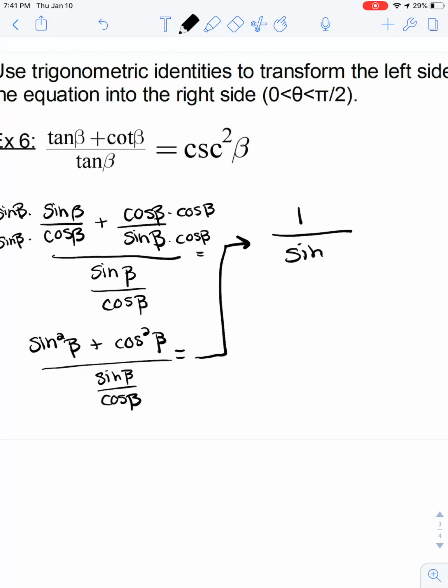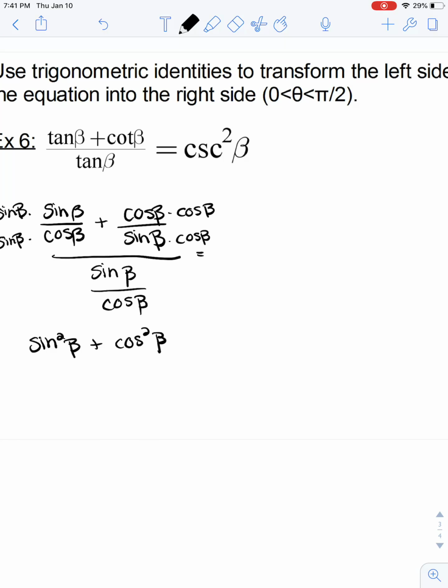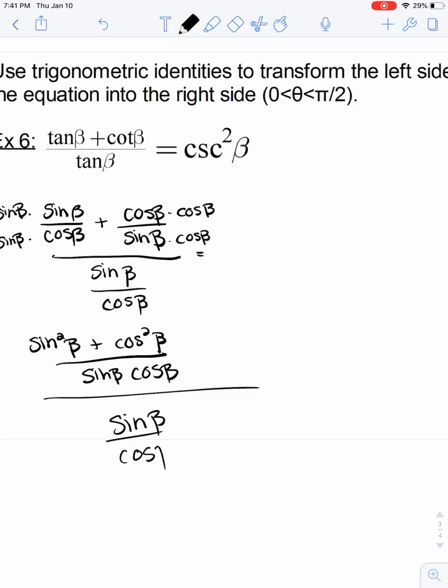Excuse me, I forgot the denominator here. Let's go back. So we have sine squared beta plus cosine squared beta over the common denominator. Hopefully you caught that. And then that's over sine beta divided by cosine beta. Okay, take a second and look at that.